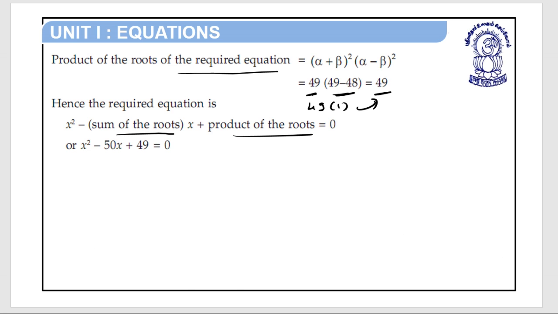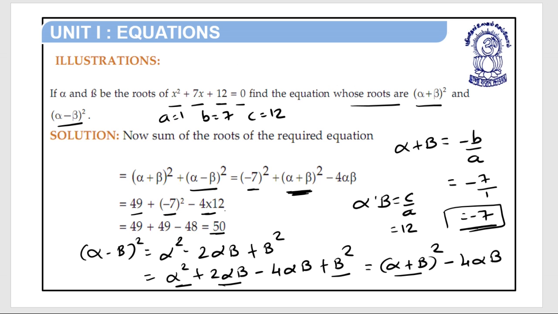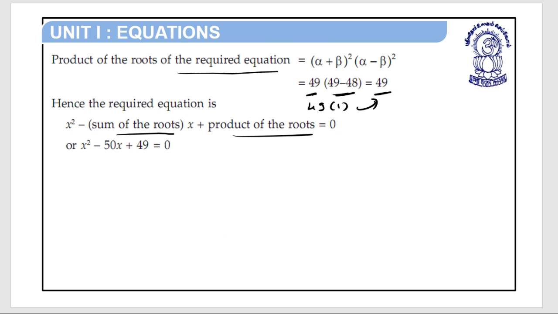So x square minus 50x plus 49 is equal to 0 is the required equation.